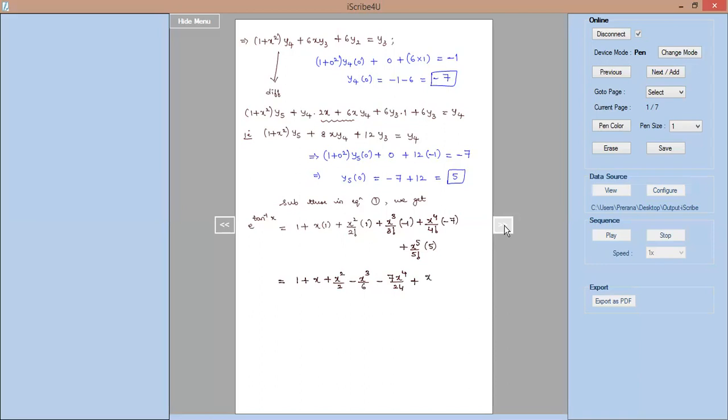So this gives us x⁵/24, up to the 5th degree term. This is the required Maclaurin series expansion of e power tan inverse x. I hope you have followed these problems on Maclaurin series expansion. Thank you for watching.